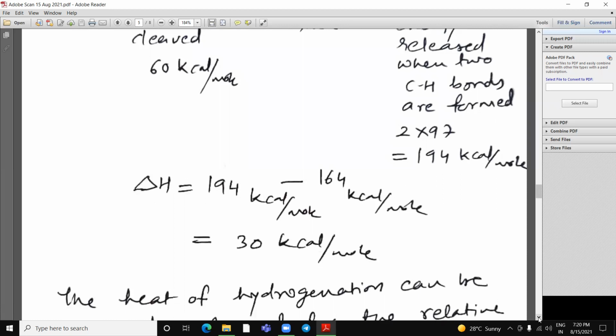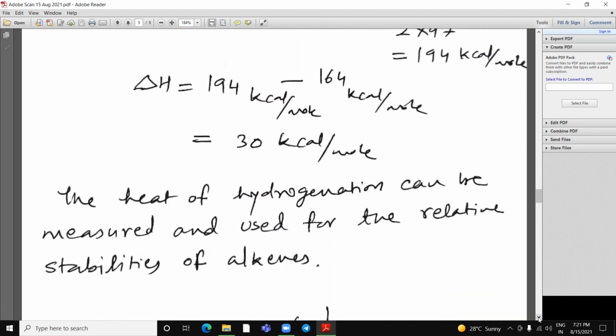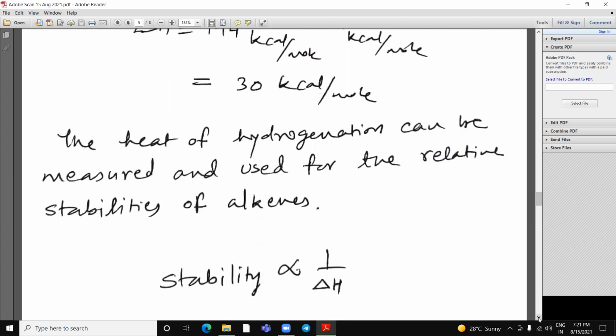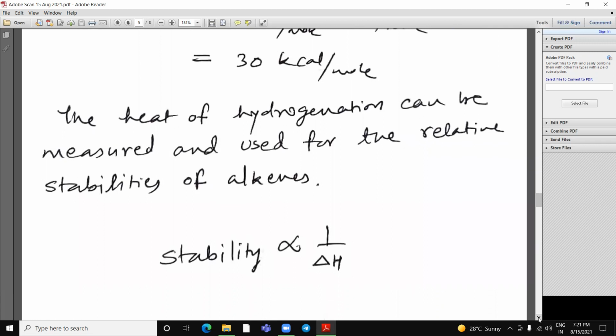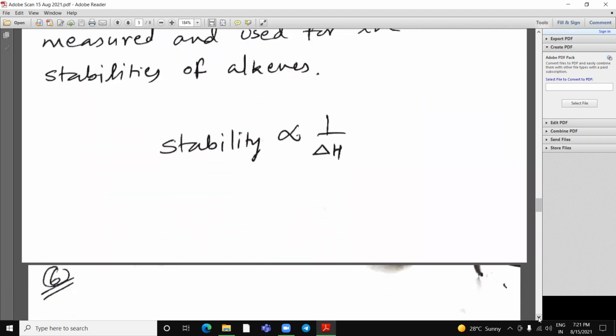So total energy obtained, heat of hydrogenation, is 194 kilocalorie per mole minus 164 kilocalorie per mole. It is about 30 kilocalorie per mole. The heat of hydrogenation can be measured and used for the relative stabilities of alkenes.